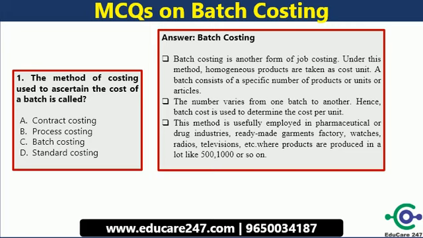This method is very usefully employed in a pharmaceutical company or clothing company, and it can also be very helpful in engineering, manufacturing, television, radio, where a large number of products are produced in a homogeneous nature. Like here I have mentioned, products are produced in a lot, like 500, 1000 or so on.